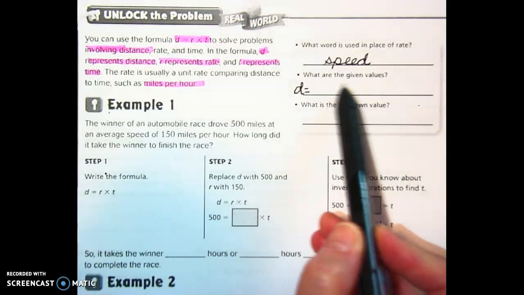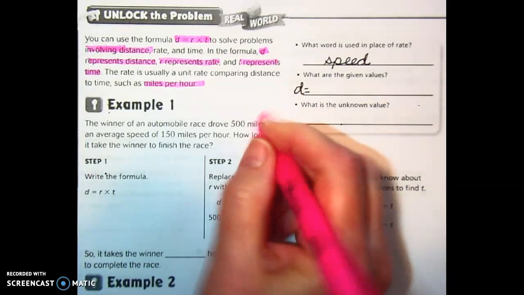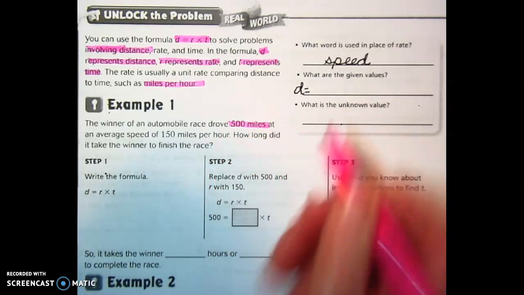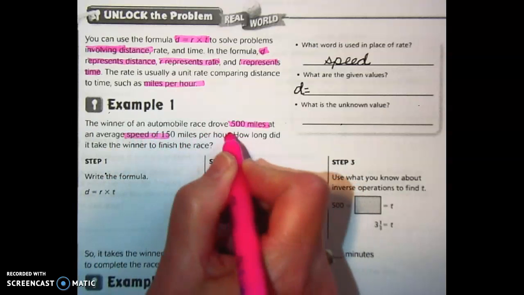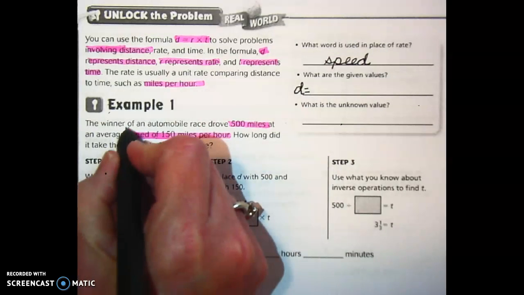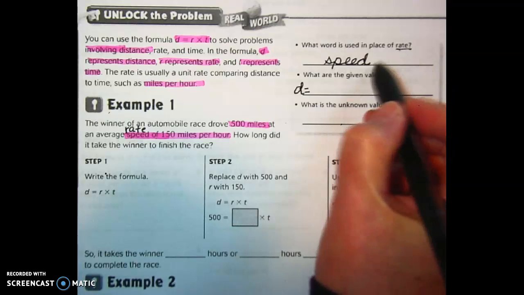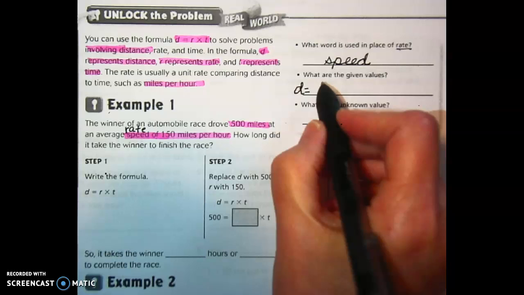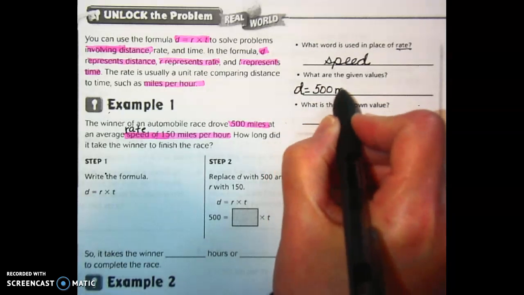What are the given values? Well, take your highlighter, and he drove 500 miles at the average speed of 150 miles per hour. So this is the rate. Remember here, we said rate is equal to speed. So they give us the distance, which is 500 miles.